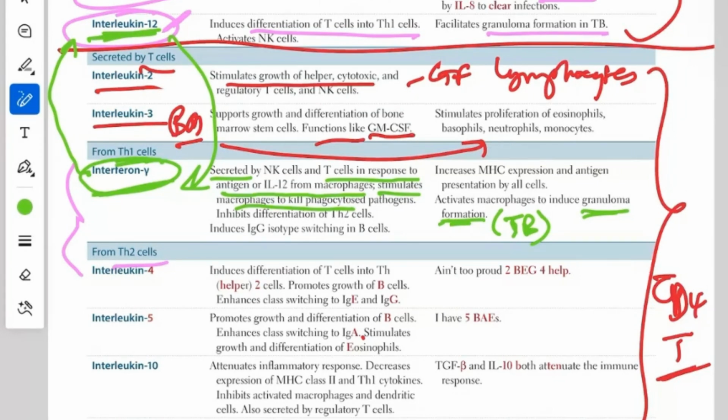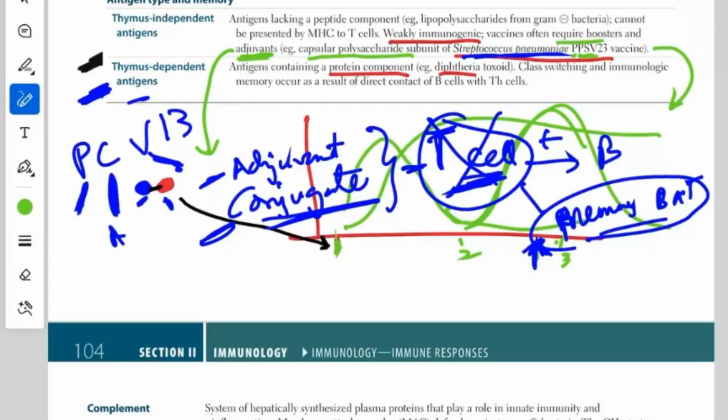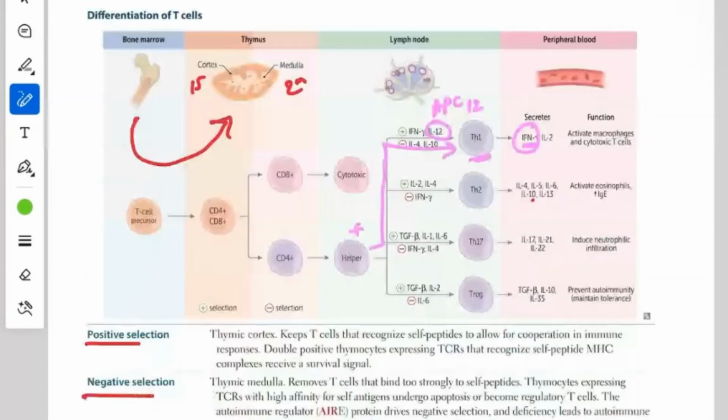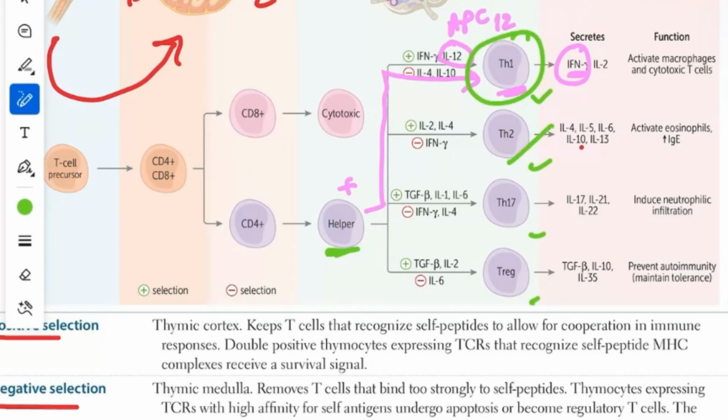What they are saying here, that it inhibits the differentiation of Th2 cells, just means that whatever stimulus is given to this naive CD4 cell, whatever line it stimulates, if it becomes this, then all these other ones will be inhibited.